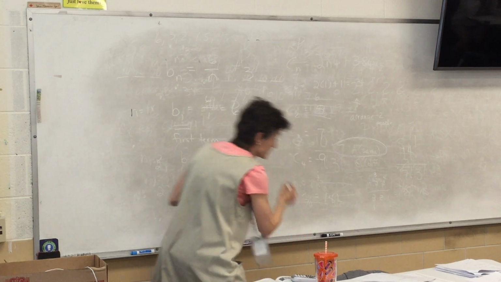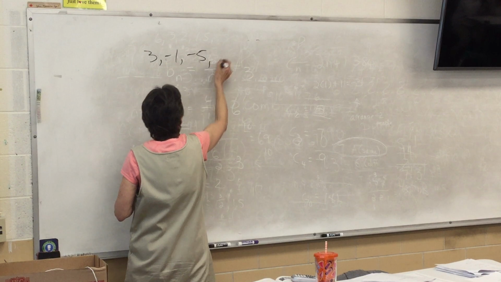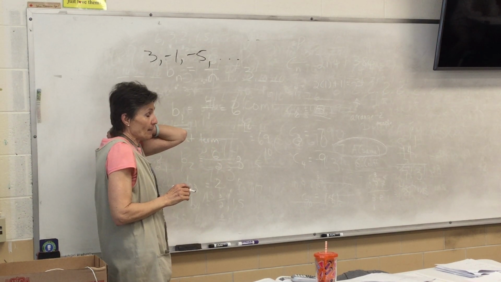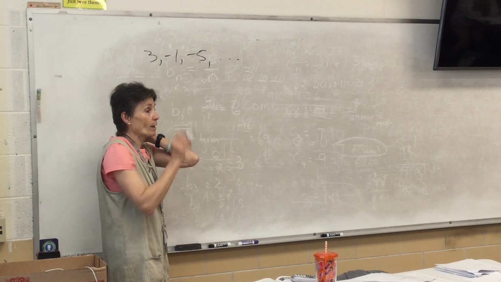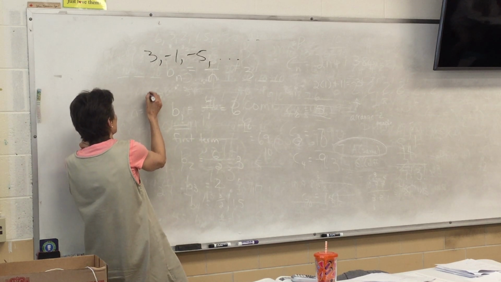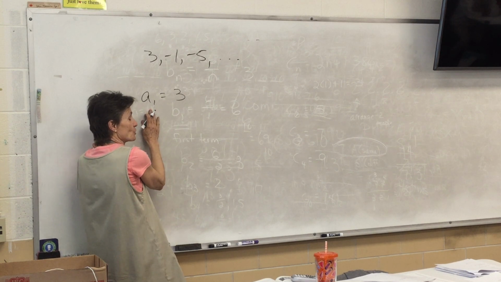So the sequence is 3, -1, -5, and so on. You told me that I'm getting from term to term by subtracting 4 or adding -4. So the first term was 3. Call it A sub 1. That's the first term.